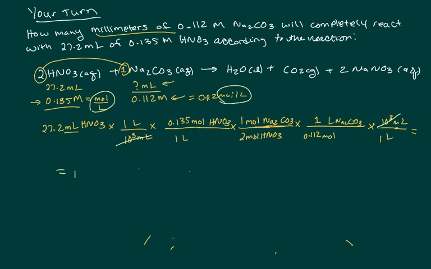I get 16.4 mils of sodium carbonate. So I need 16.4 milliliters of sodium carbonate in order to neutralize 27.2 mils of acid with the respective concentrations that are mentioned in this problem. Go ahead and do more example problems on this so you may get comfortable with it.